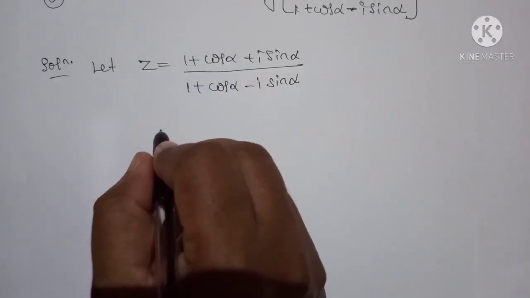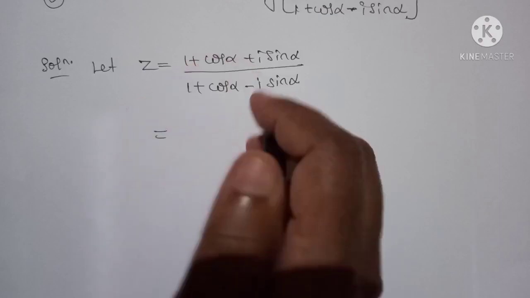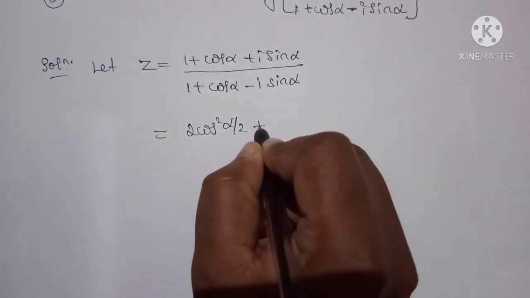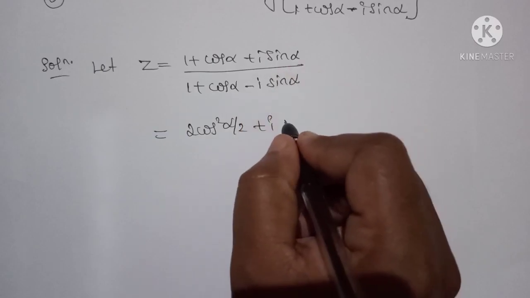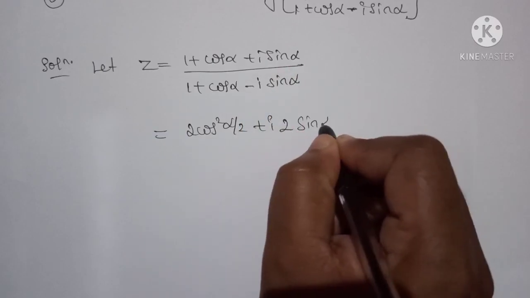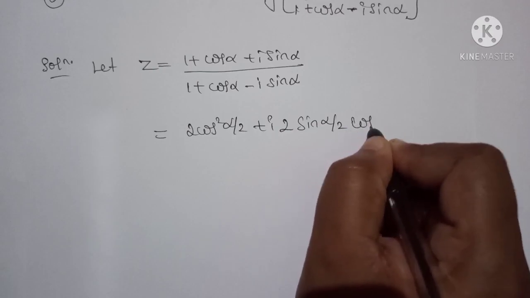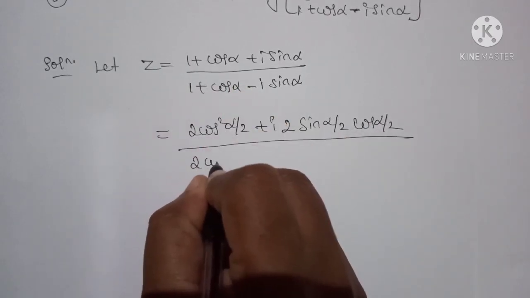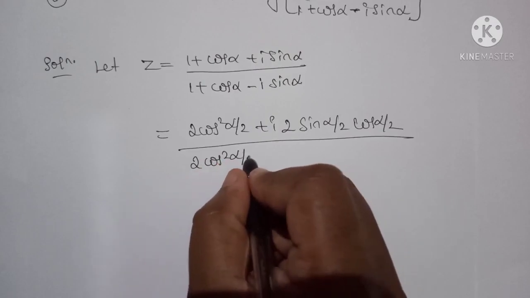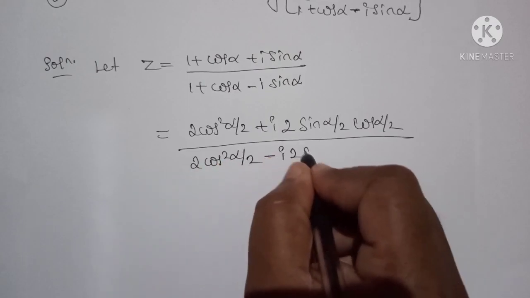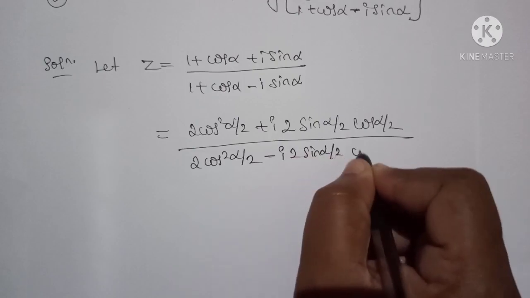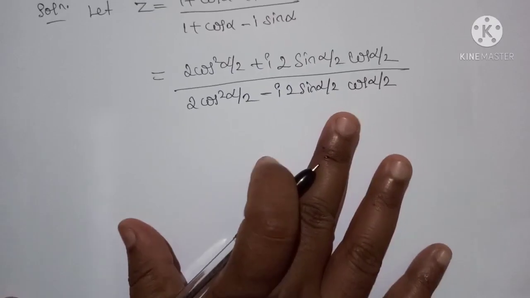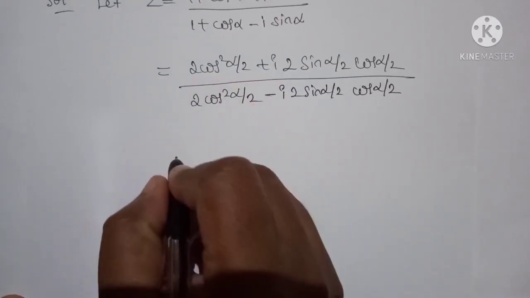Now substituting the formula, 1 plus cos alpha equals 2 cos square alpha by 2, and I sin alpha we substitute as 2 sin alpha by 2 into cos alpha by 2. Similarly in the denominator, 2 cos square alpha by 2 minus I 2 sin alpha by 2 cos alpha by 2. Now in both numerator and denominator we can take 2 cos alpha by 2 common.